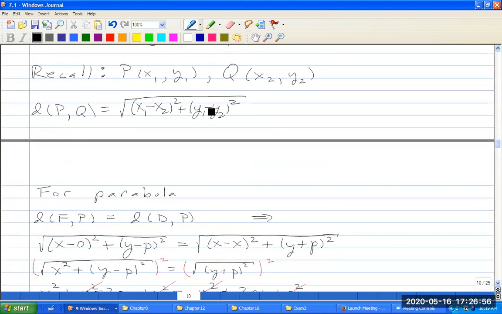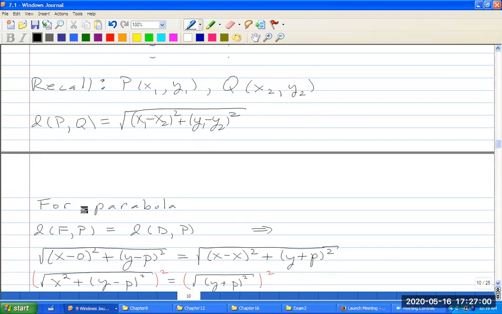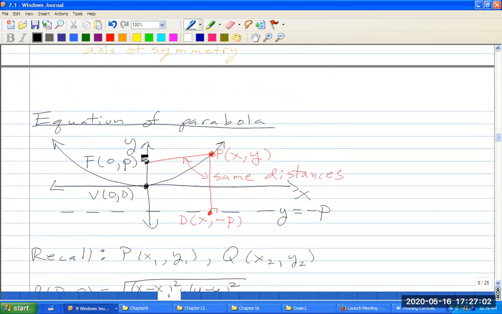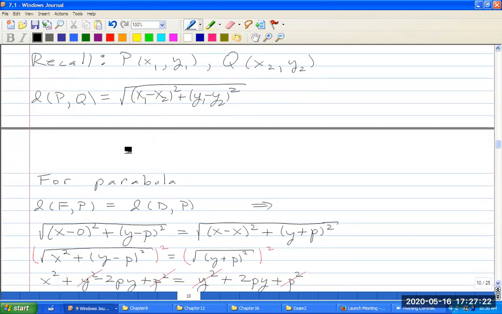First, let's look at the distance from the focus to the point P. It will be the square root of the sum of the squares of the differences between the x and y coordinates. So I'll take the square root of (x minus 0) squared plus (y minus p) squared.